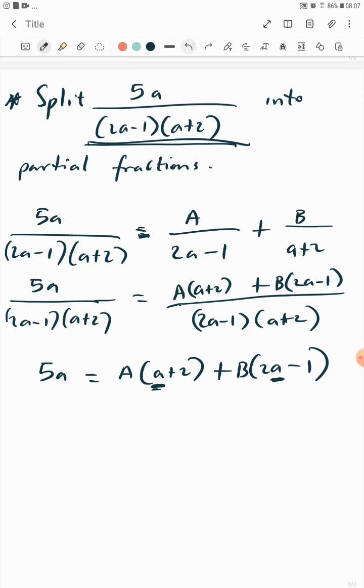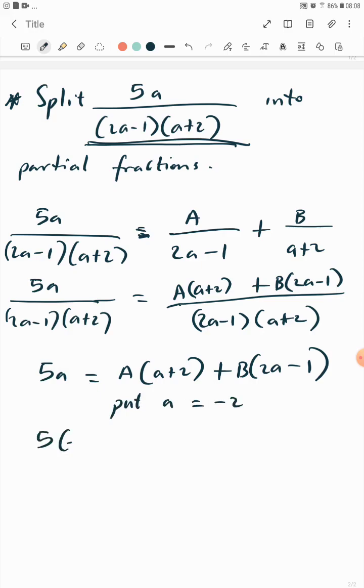If you look at it very well, if we tackle it from this side, if I put a as minus 2, minus 2 plus 2 will give me 0, and that 0 times this A will make everything here become 0, and the only thing left in the equation will be this B. So that is what we are going to do. Let's put a equals minus 2.